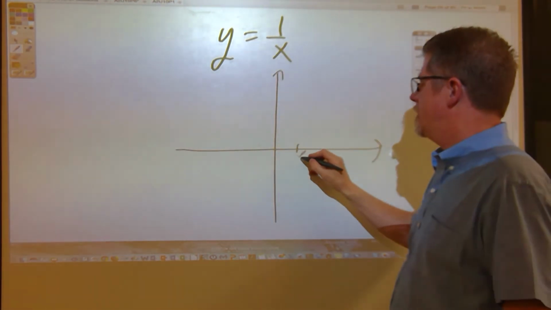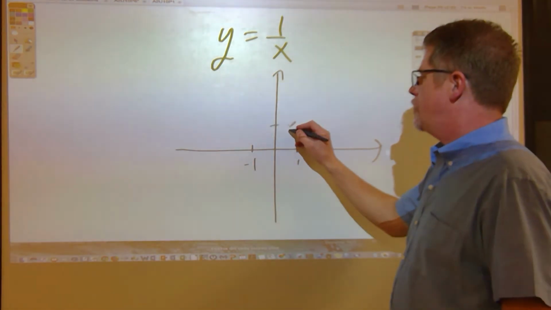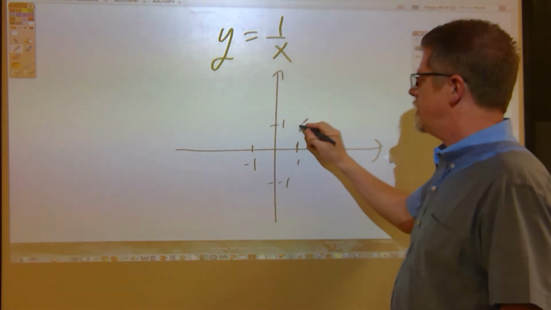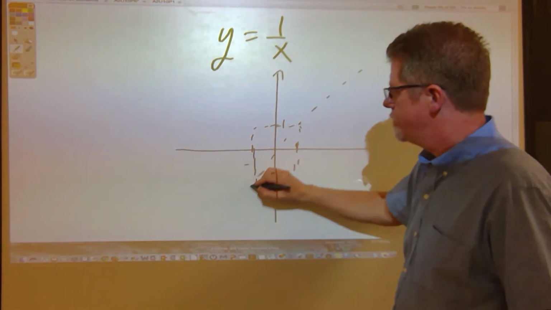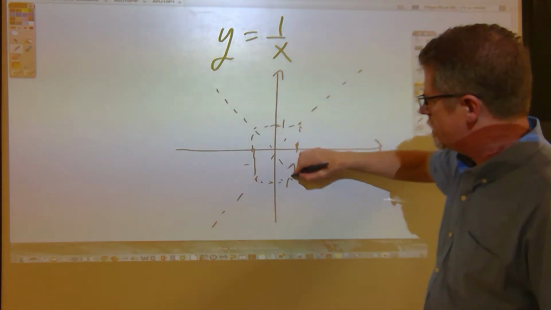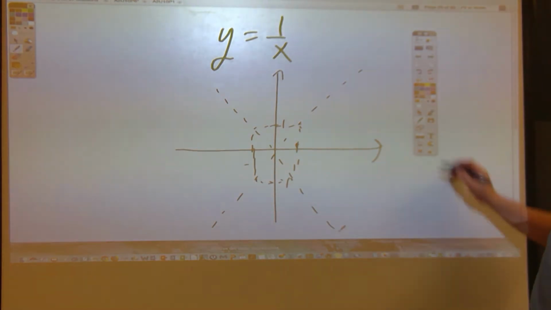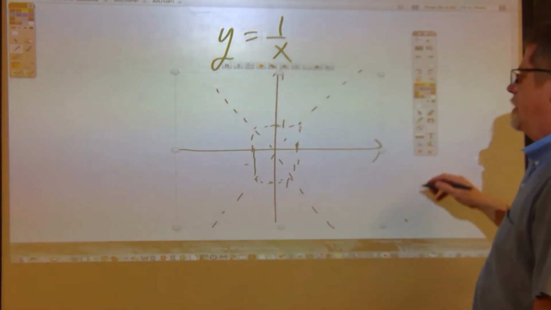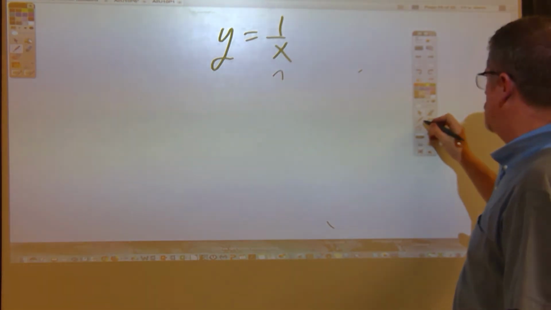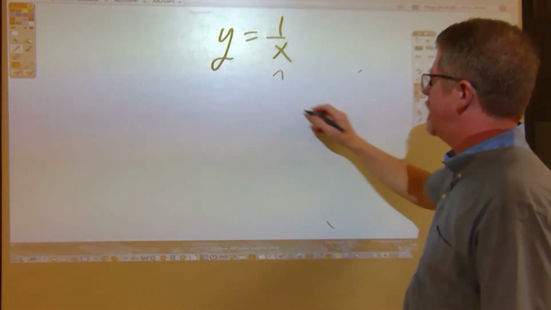It turns out that the dotted box for 1 over x is a 2 by 2 box, and those points (1, -1) are on the diagonals.